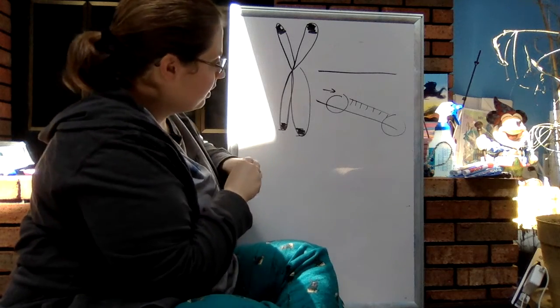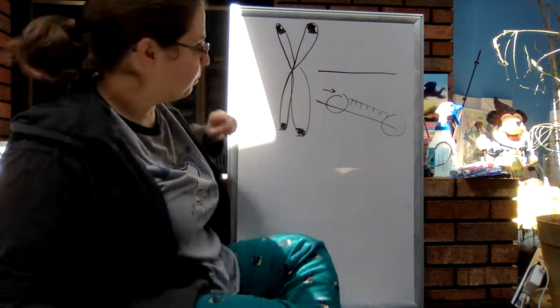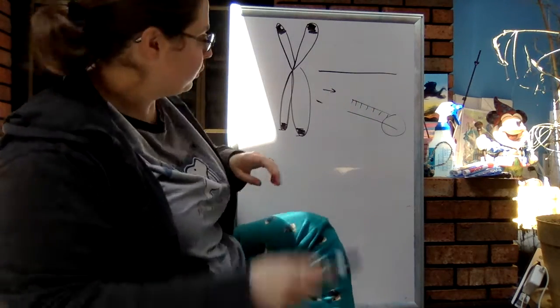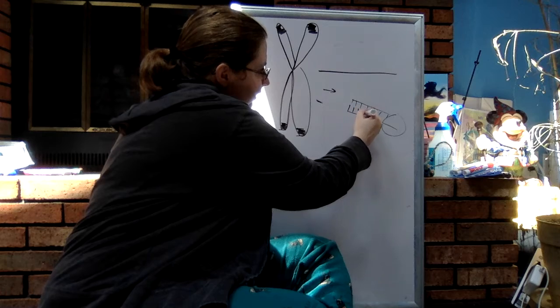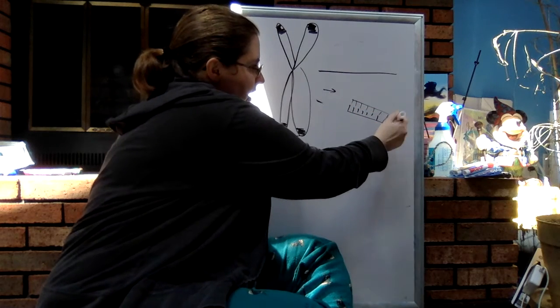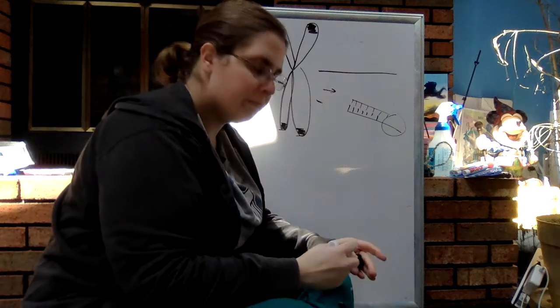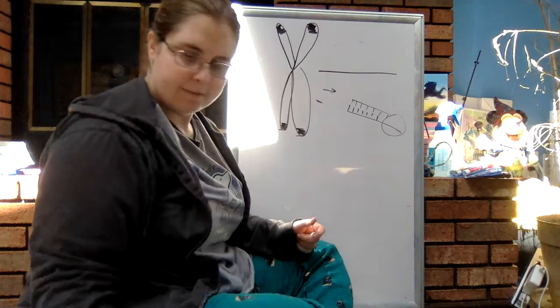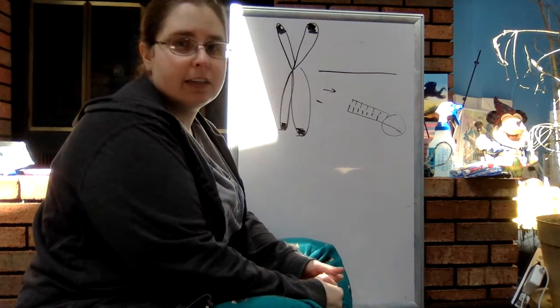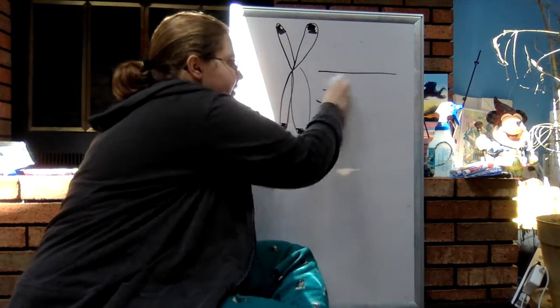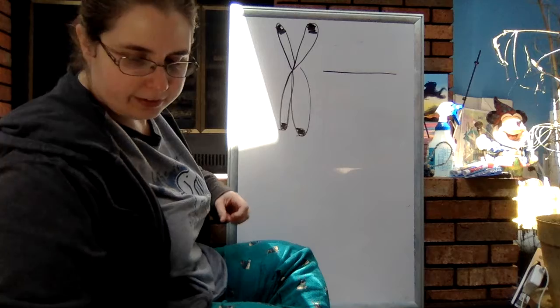Now, once it gets to this point here, it's already built all this part here, it's still hanging on to there. It can't build that section. So what happens is that last little piece does not get duplicated. So when it gets to the end of the chromosome, essentially it does not duplicate the very, very end.